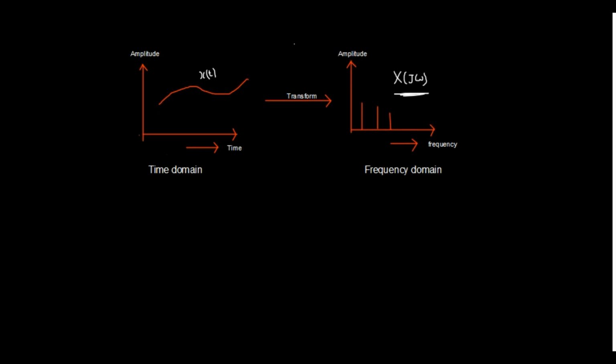Now how will you transform using Fourier transform? For this, take x of t, multiply it with e power minus j omega t and integrate from minus infinity to plus infinity with respect to dt.